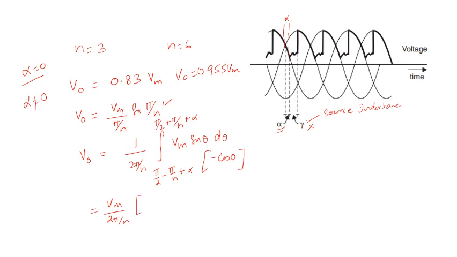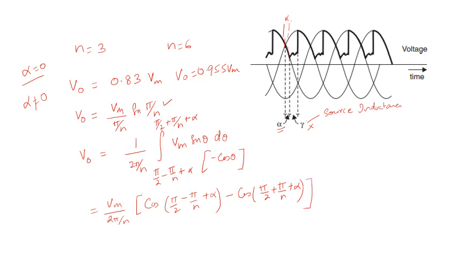So you will get cos of pi by 2 minus pi by n plus alpha, minus cos of pi by 2 plus pi by n plus alpha. This is the final term you will get after putting the limits.